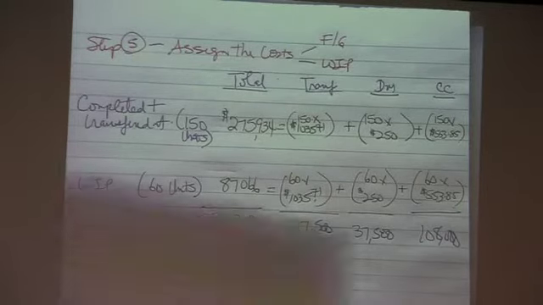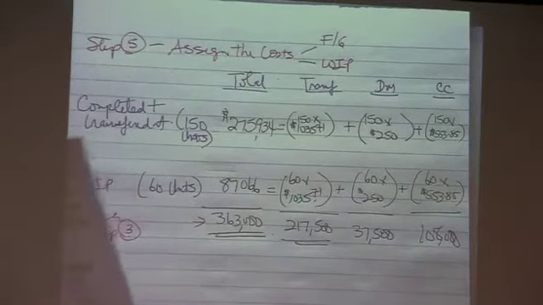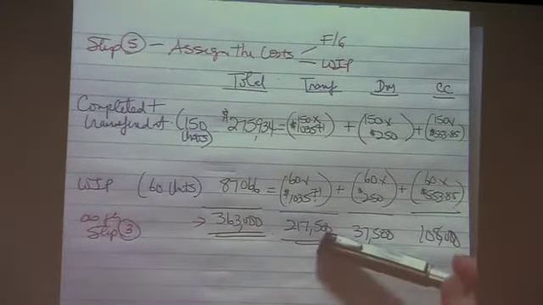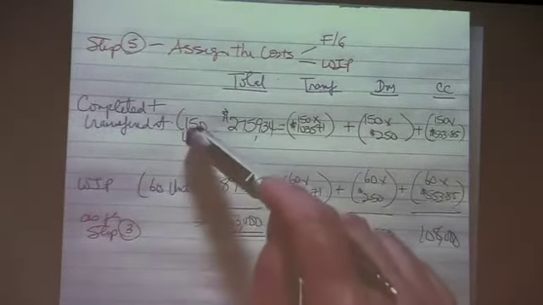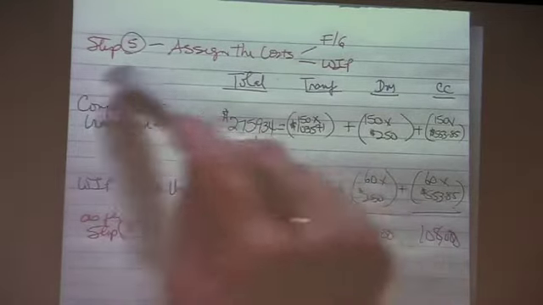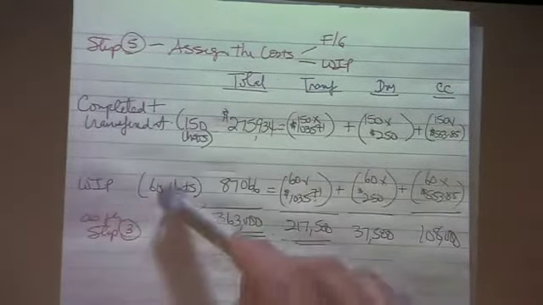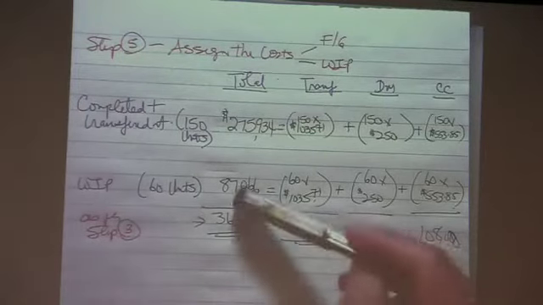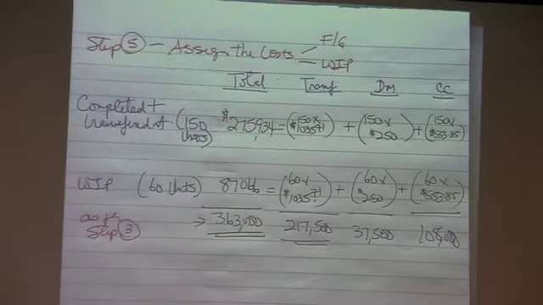Okay, so we basically answered this question. We were able to assign the cost to both the completed goods, probably the finished goods, and work in progress. And that's the value I would record on my books. Thank you.